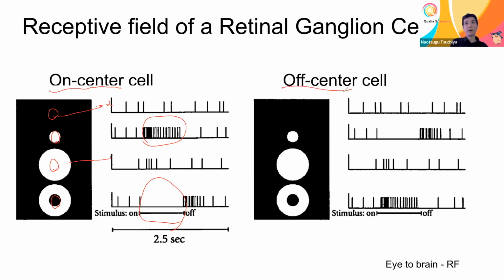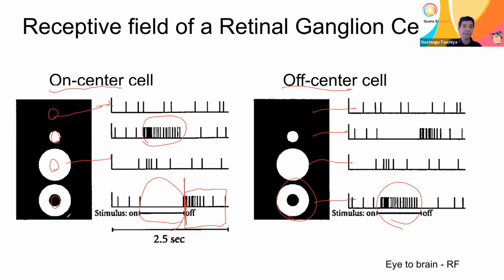The off-center cell is basically doing the opposite. If it's uniformly black or uniformly white, it's intermediate. But if it's a spot of the black one, it makes a huge response. It's also important to know that this is the case at the time of turning off the stimulus.